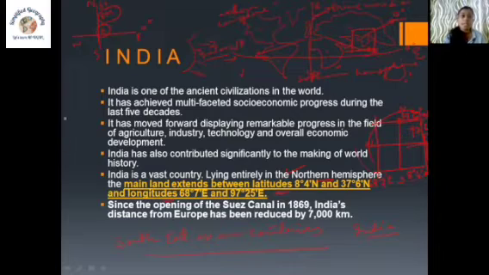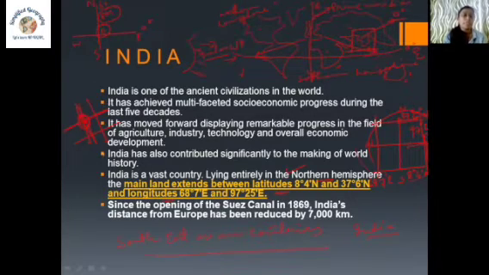Now why do we need these two grid-like things? Because when the latitude and longitude meet at a certain point, only then can we find out the location of that particular place.